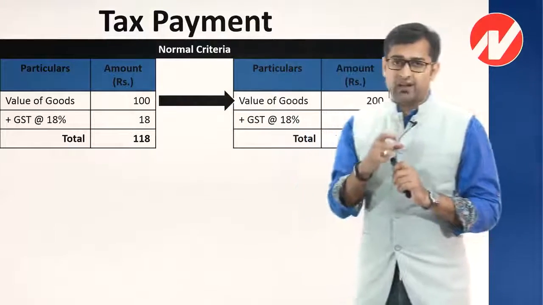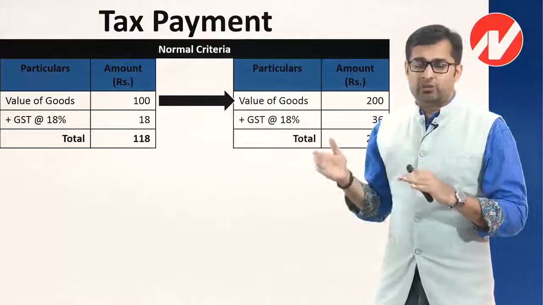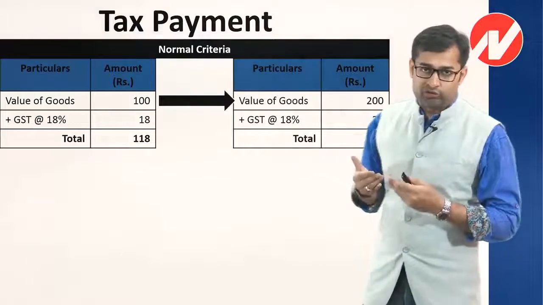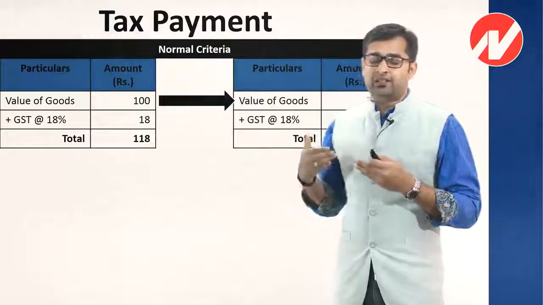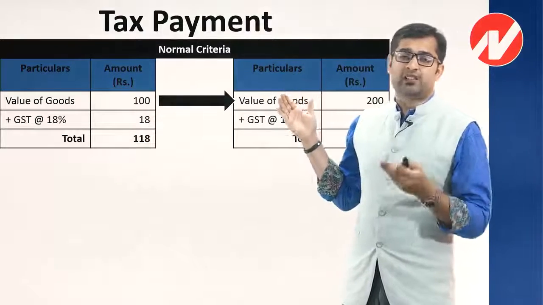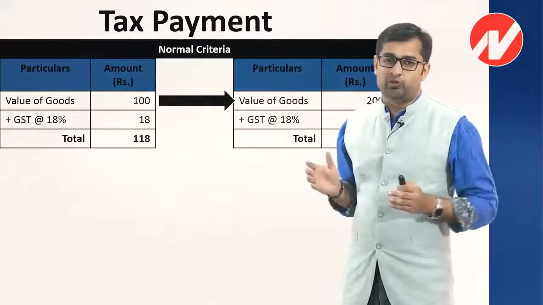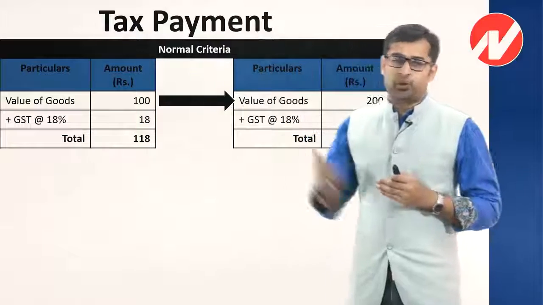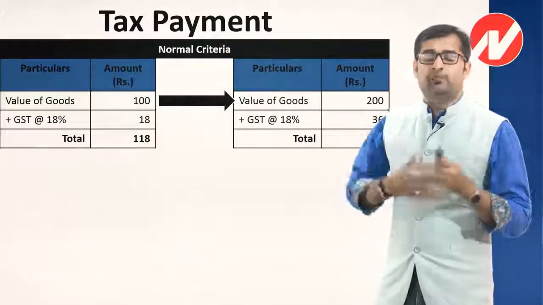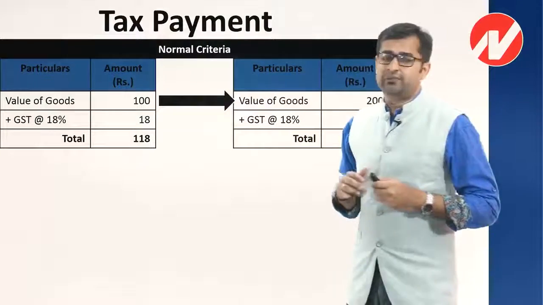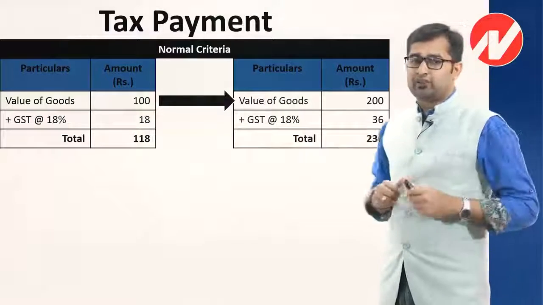Now ये जो material 100 है, I'll make a value addition into that because I'm doing some processing on those goods. So on 100 I'll make an addition and probably my selling price assumed amount is 200 rupees. So at 200 I'll offer this product to the market, to the customer on which I'm liable to pay GST at the rate 18% again. So I'll pay 36 rupees as GST.